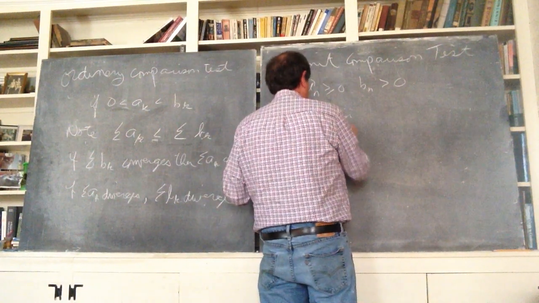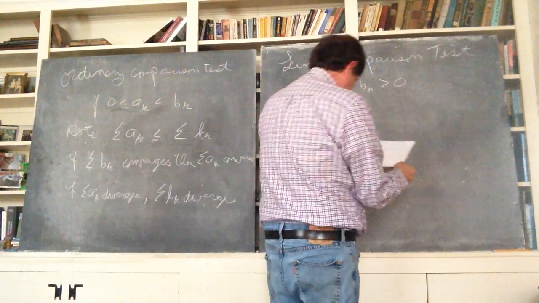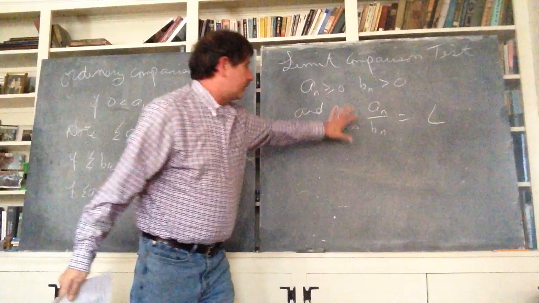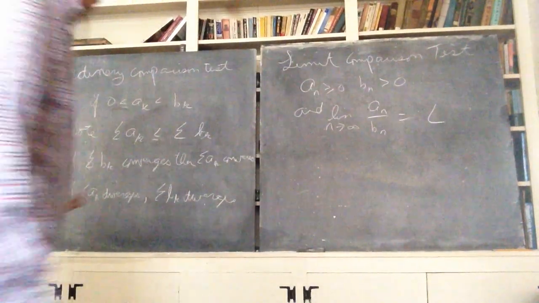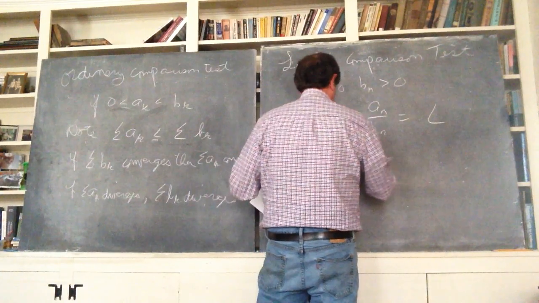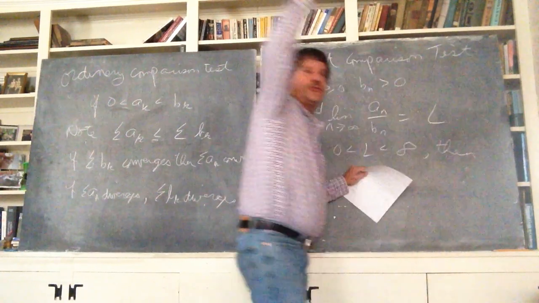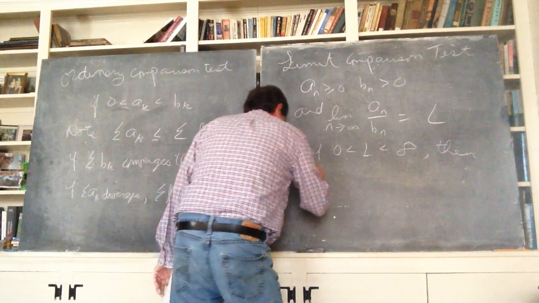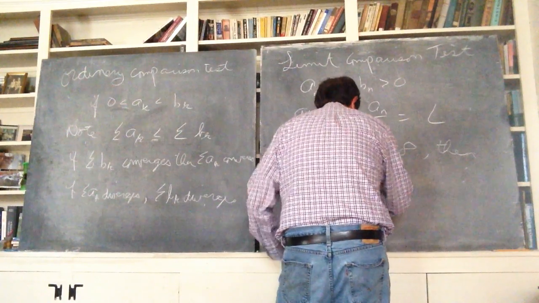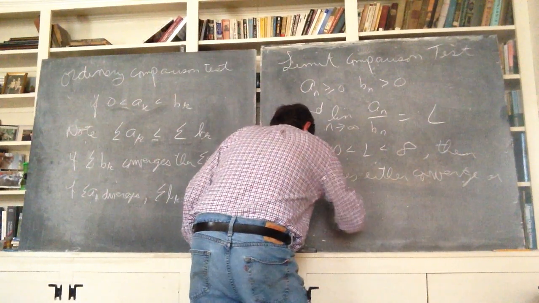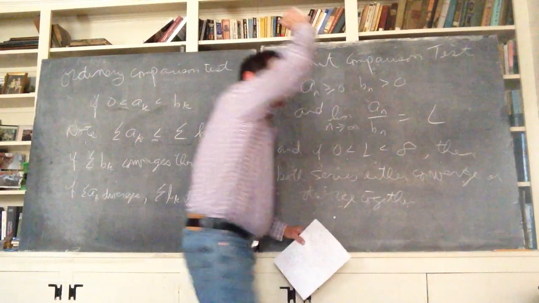And the limit as n goes to infinity of a sub n over b sub n is some number L. If the one sequence divided by the other goes to L, and further, if 0 is less than L, less than infinity, then both series either converge or diverge together. If one converges, the other converges.